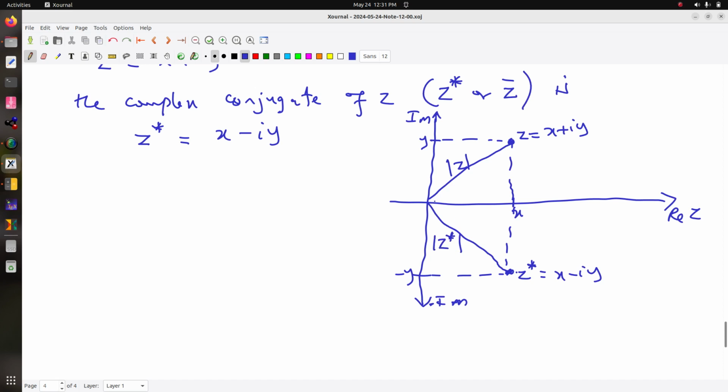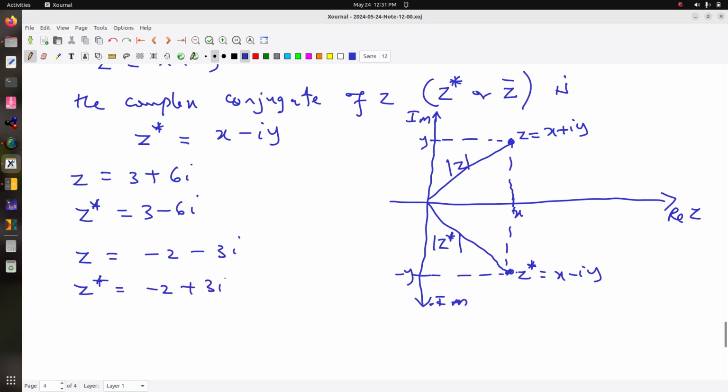All right, so the complex conjugate means you change the sign of the imaginary part. If it is positive, you change it to negative. If it's negative, you change it to positive. For example, if you have z equals 3 plus 6i, then the complex conjugate is going to be 3 minus 6i. And if you have the complex number minus 2 minus 3i, the complex conjugate will be minus 2 plus 3i. You change the sign of only the imaginary part.